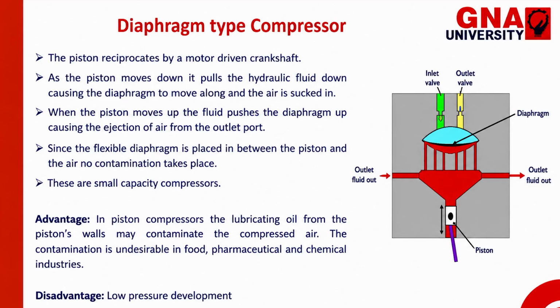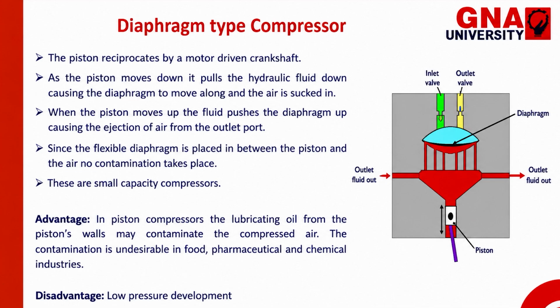We have a piston here, connected to the connecting rod, and further connected to the crankshaft, and the crankshaft may be connected to your motor. So the motor drives your crankshaft, the crankshaft drives the connecting rod, and the connecting rod drives your piston. So this is the type of arrangement we have.